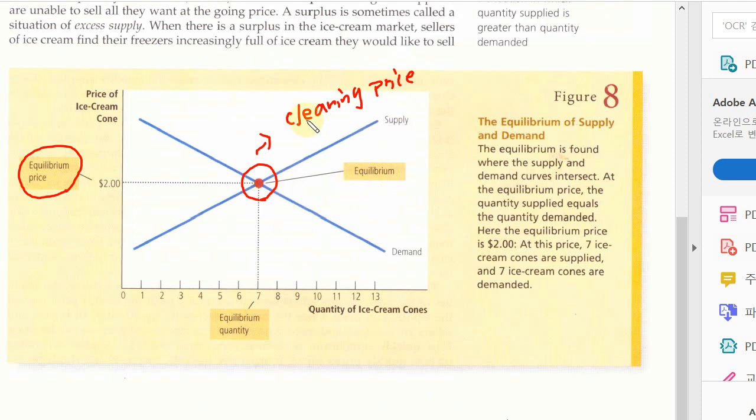This is the clearing price. What is clearing? The clearing of supply and demand. Okay, this is the equilibrium price. Let's see the phenomenon that happens around the equilibrium price.